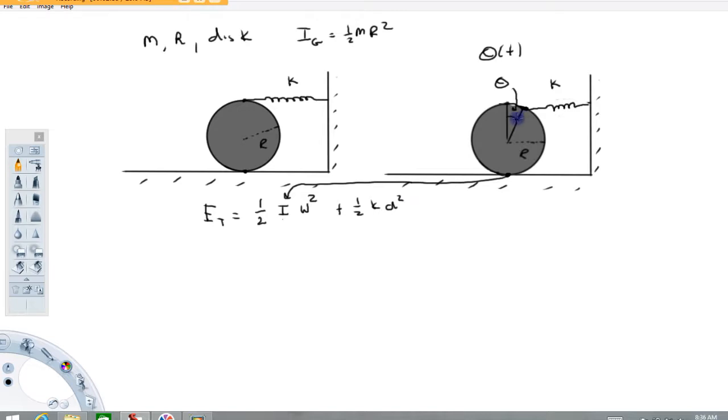In our particular problem here, that distance is approximately equal to this, which can be expressed as r times theta. So I'm going to go ahead and go back and put (r theta) squared for the elastic potential energy stored in our spring.